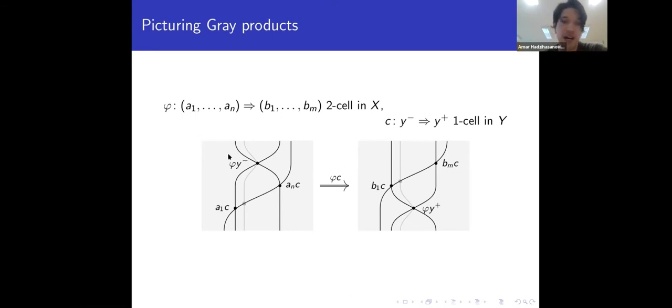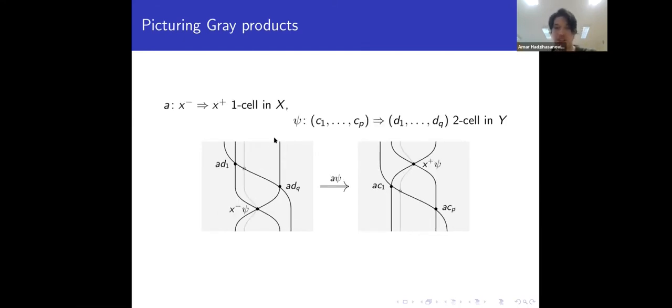Here we have phi on the top left, and here we have phi on the bottom right, and phi tensor C pushes phi through C from here to here. And the same thing on the opposite case of A tensor psi. Here we have psi on the bottom left, and it's pushed by A tensor psi to go through A to the top right.